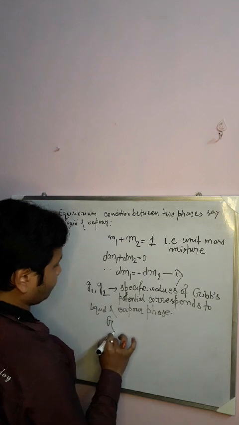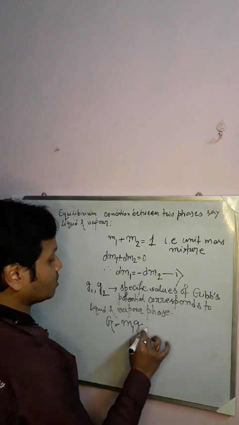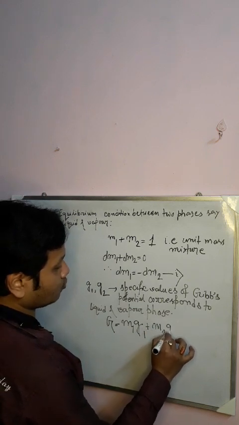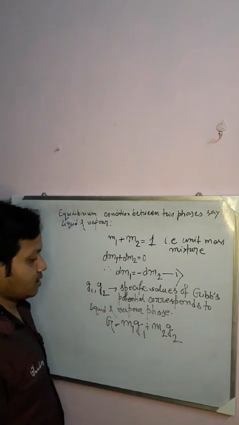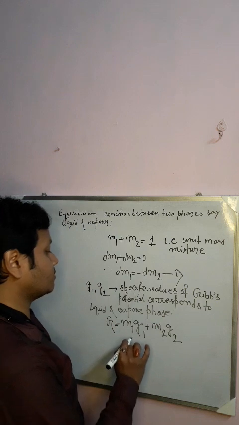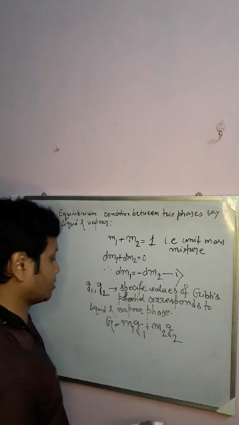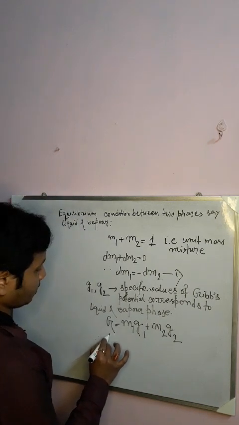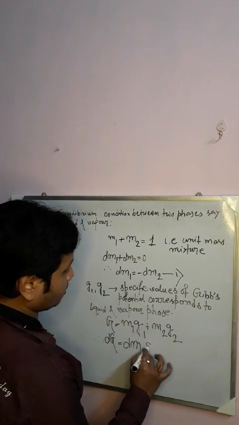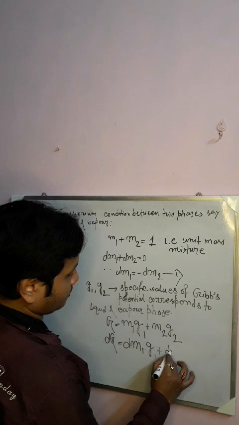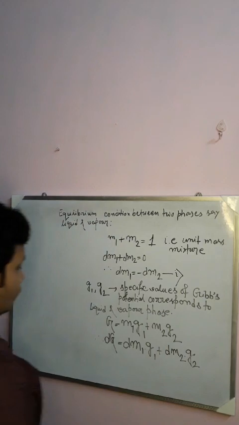We can write G equals m1 g1, that is for mass m1, plus m2 g2 for mass m2. From this we can easily conclude dG equals dm1 g1 plus dm2 g2.